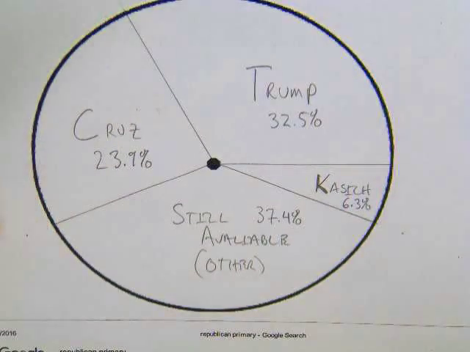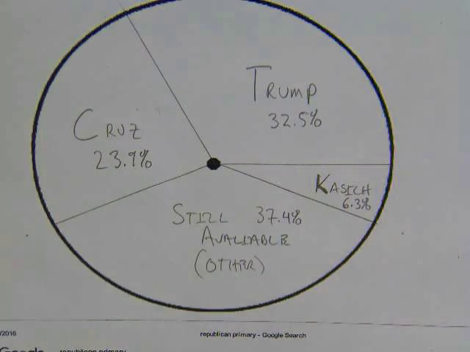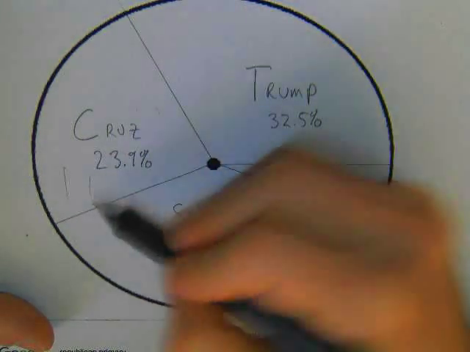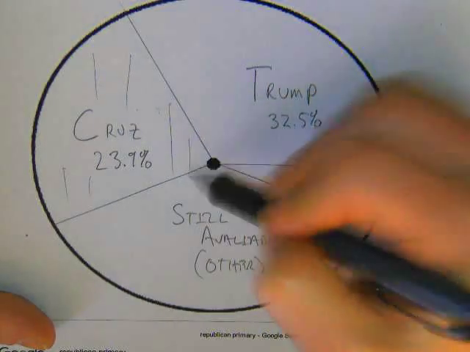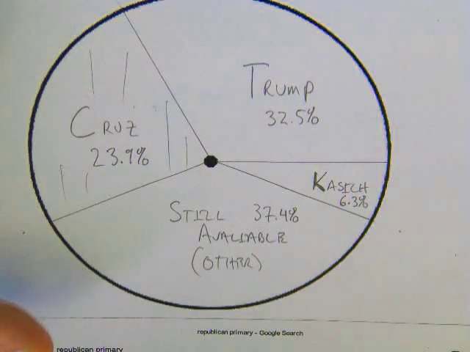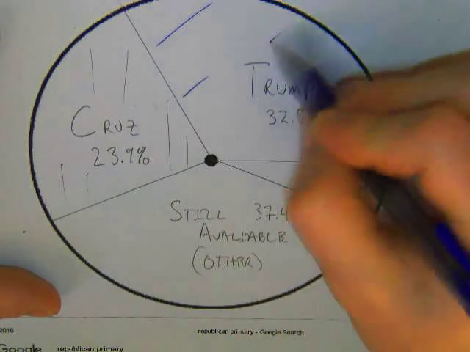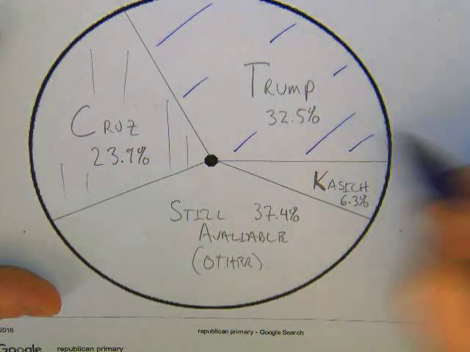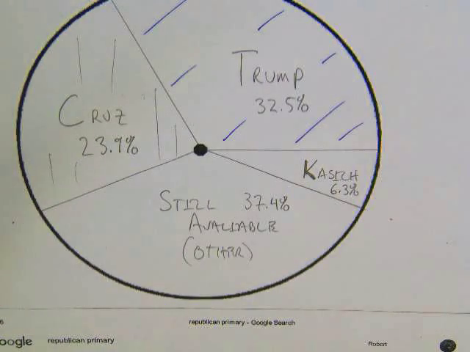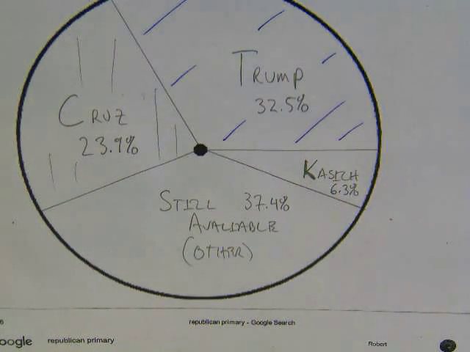Okay. And now you get to have a little fun. You get to color and shade different things. We'll go vertical pencil. We'll go diagonal pen. We'll go highlighter here somewhere.